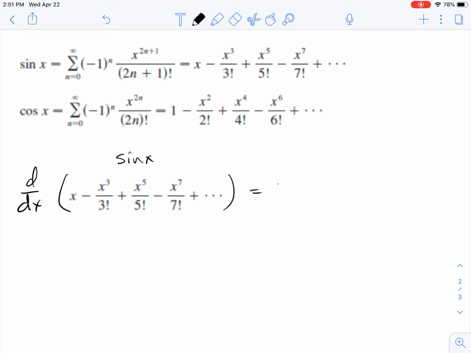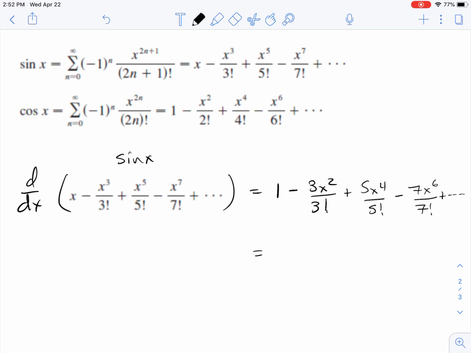Look at what we get. The first term gives you 1. The next one gives you 3x squared over 3 factorial. Let's just leave it. Then plus 5x to the 4 over 5 factorial minus 7x to the 6 over 7 factorial.